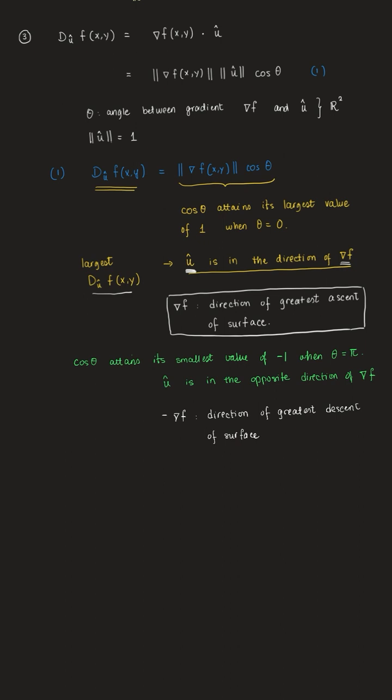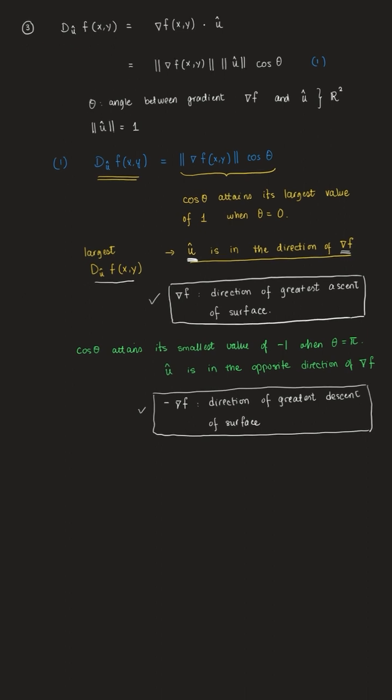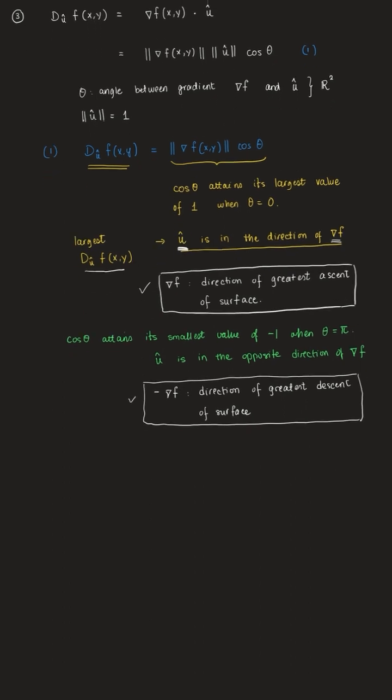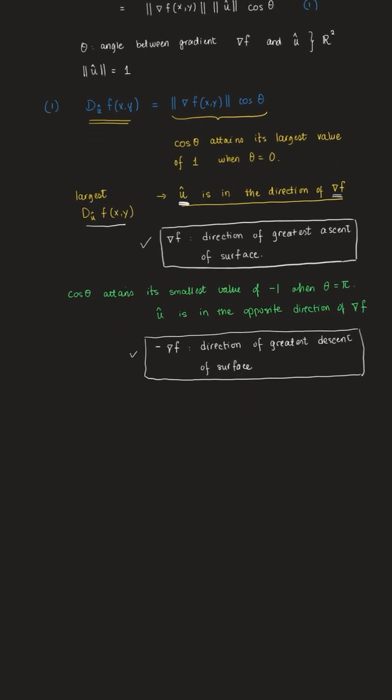So for example, if you are climbing a mountain and you want to figure out what direction to take so that you have the greatest climb, you're going to go in the direction of the gradient. And if you want to go in the direction that has the steepest descent, you're going to go in the direction of the negative gradient. Okay, let's make another note. These are important findings.